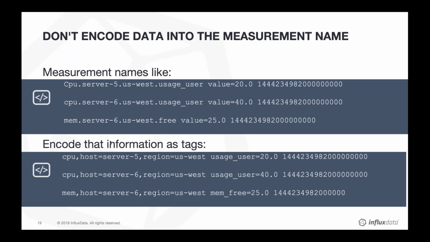So at the bottom here is an example of a proper way to parse this out. You've got your CPU measurement because it's to the left of a comma. You've got two tags that were implied by the Graphite metric: host and region. And this is also an example of separating primitives, and the next slide will talk about that in more depth. And then we have a field key that actually has information in it.